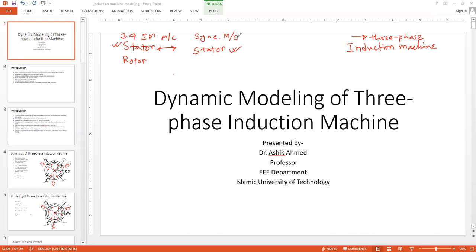Like the synchronous machine, which could be used either as a generator or as a motor, the same principle applies to the three-phase induction machine.